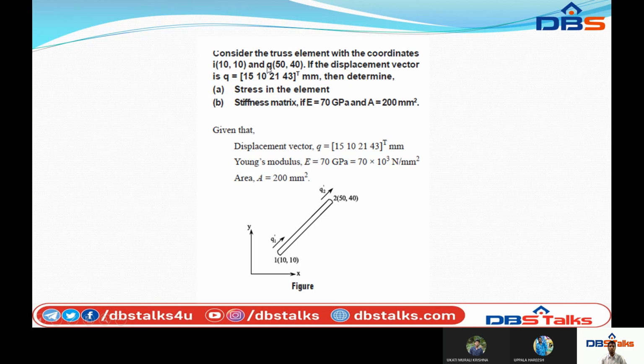Next, I am doing one problem on a truss element in the local coordinate system. The origin will be X with the point 0, 0. Consider the truss element with coordinates I at 10, 10 and Q at 50, 40. The displacement vector Q equals 15, 10, 21, 43 transpose.